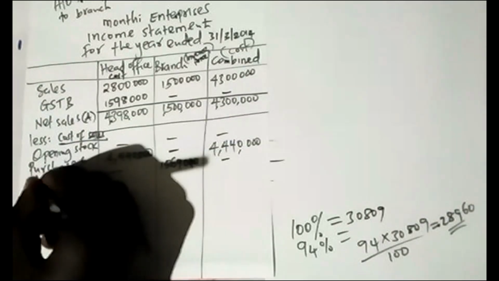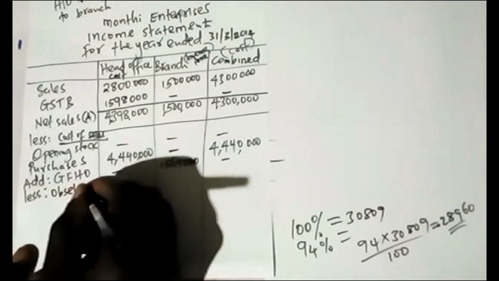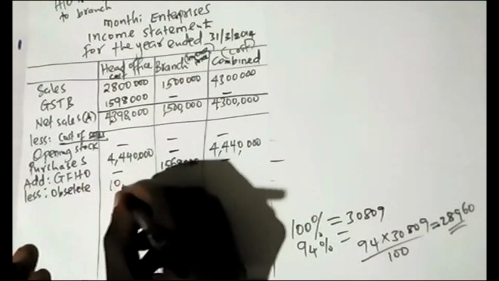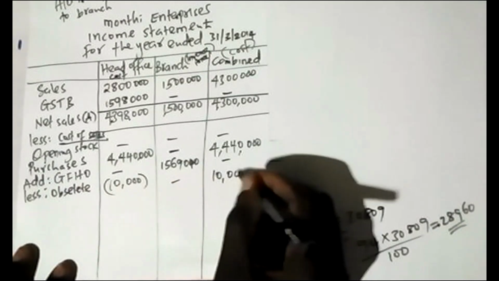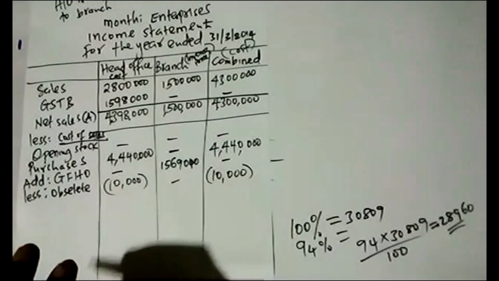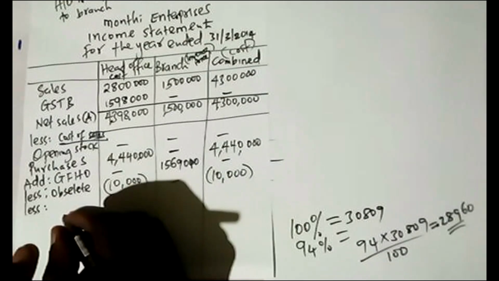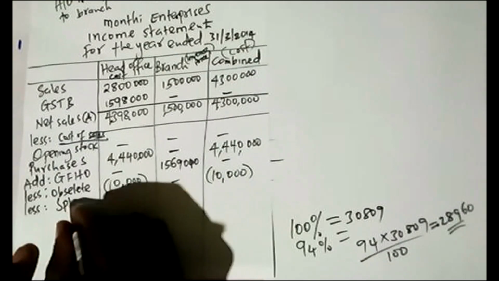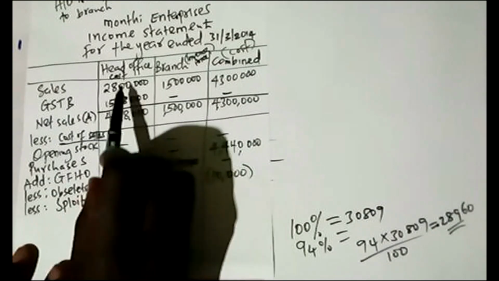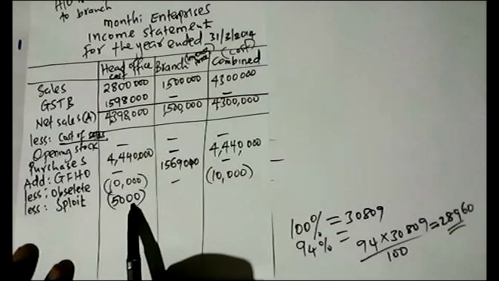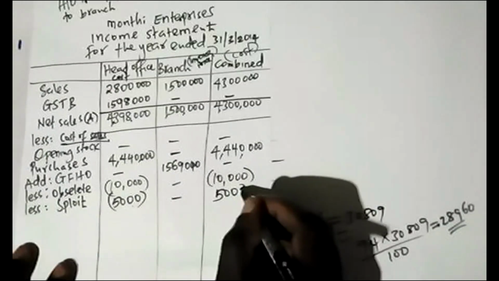So let's raise the obsolete, 10,000. Then again, we have to subtract the spoiled at the head office at a cost of 5,000. I never forget that the head office is maintained at cost, and this one is fine. Then the combined again is at cost, which is fine.